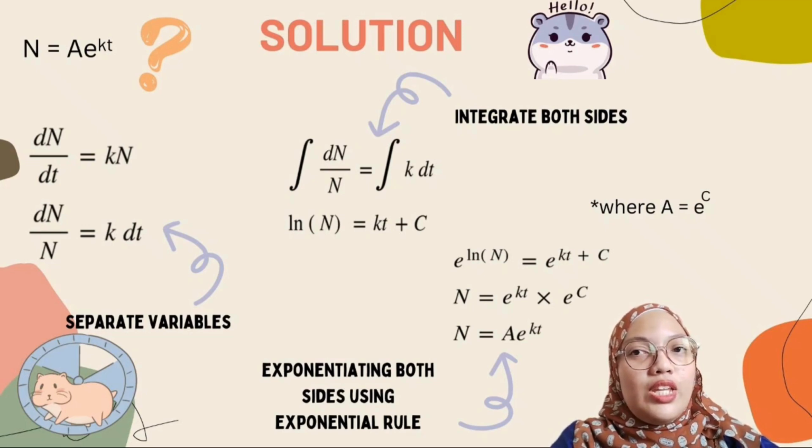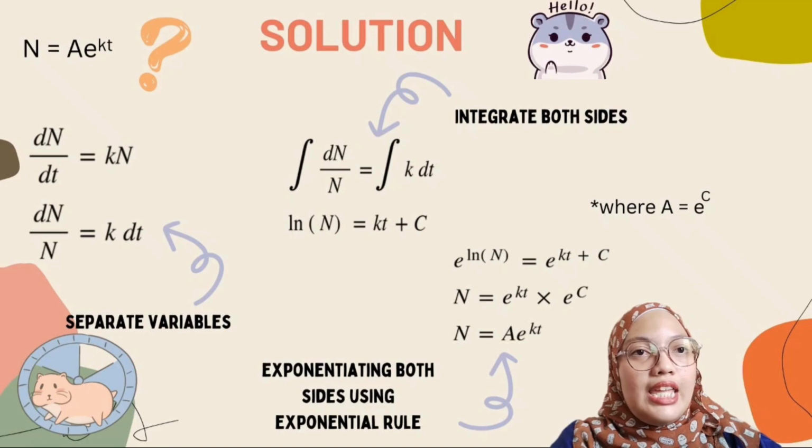Then we need to integrate both sides. It will be the integral of dN over N equals the integral of k dt. So we get ln N equals kt plus C. Next, we exponentiate both sides using the exponential rule.